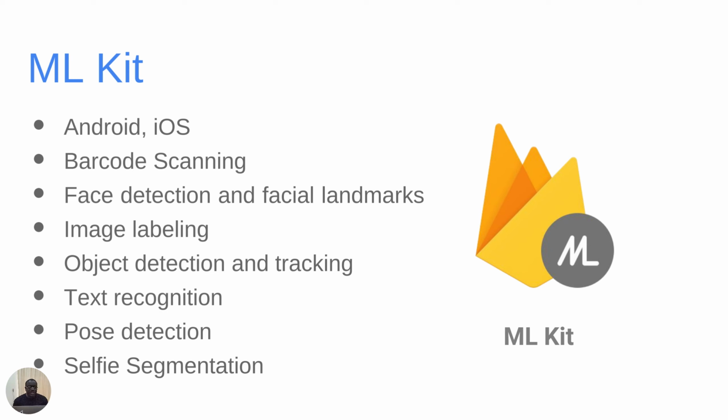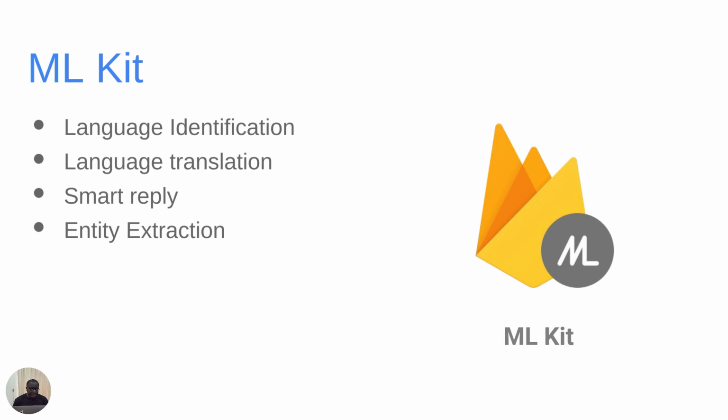So for example, if I need to find out whether there's a face in an image from a mobile device, then I can use MLKit and I can make use of the face detection for that. Or if I need to read text in an image, let's say on a billboard, for example, from a phone, I can still do that using text recognition. So that's what MLKit does.